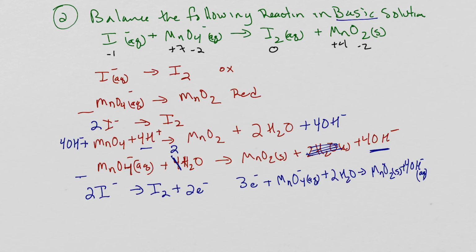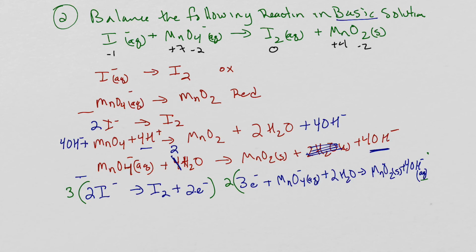So now we have our 2 electronically balanced agents. The next step is to make sure that we show the same number of electrons being lost and gained. Here we show a 2 electron loss and a 3 electron gain. Well, of course, that can't work, so we have to come up with the smallest common value. The easiest way is to multiply this one by 3, this one by 2, to give us 6 electrons.